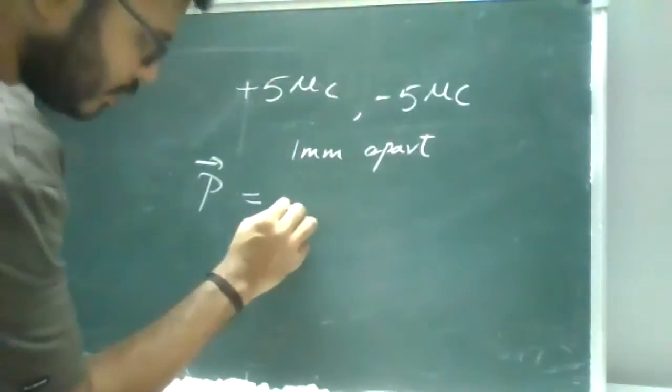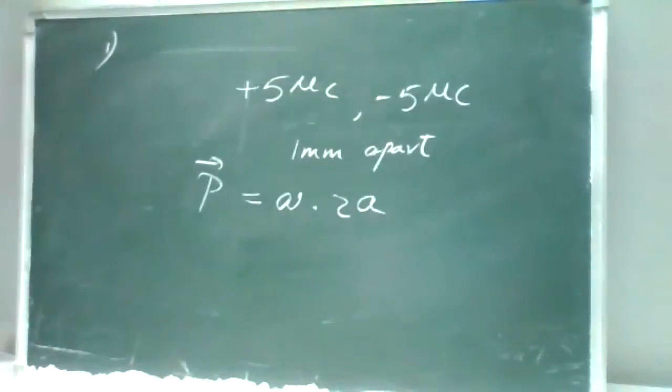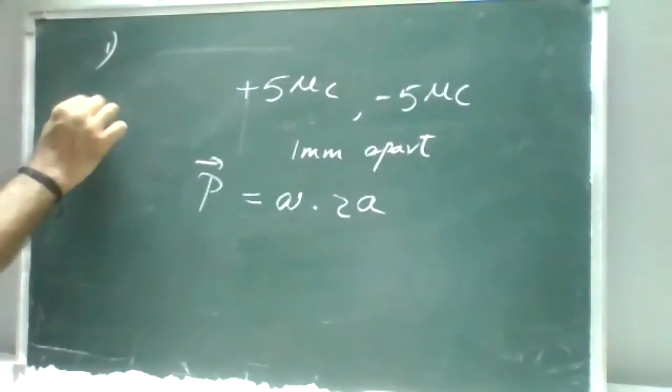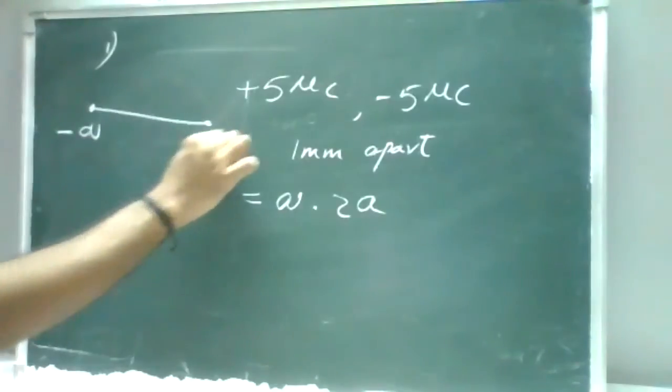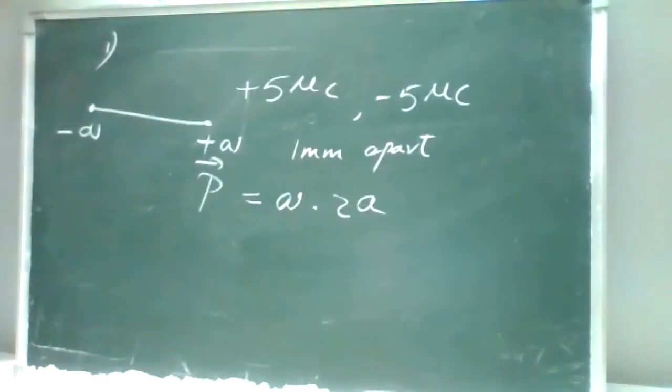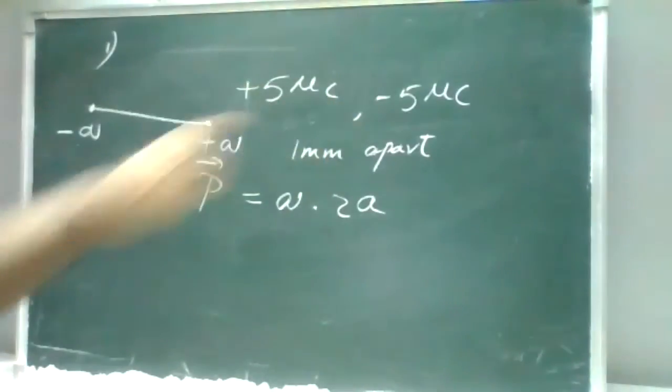For your convenience, I'm just drawing the dipole. The dipole is from the negative charge towards the positive charge. The negative charge and positive charge have the same values, 5 microcoulomb each.